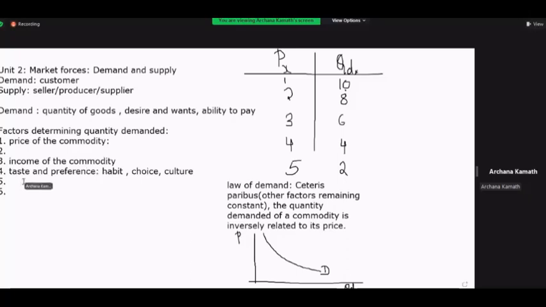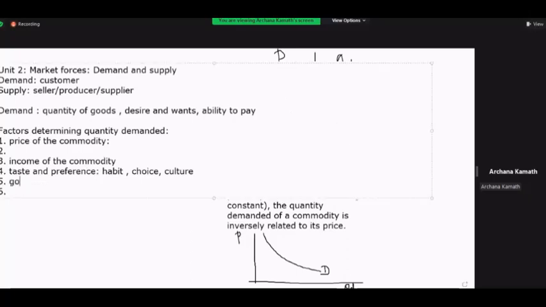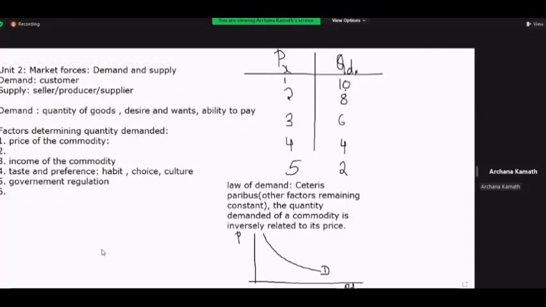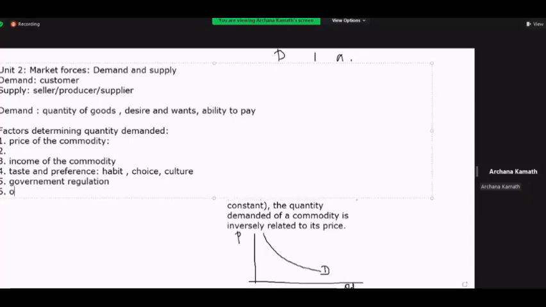And one thing which I saw in the chat box is government regulations or government policies. If government comes forward with a particular rule, law, policy regarding you have to consume this commodity, you don't have to consume this commodity, it becomes a regulation which we as a consumer is supposed to follow without fail. Government regulations.